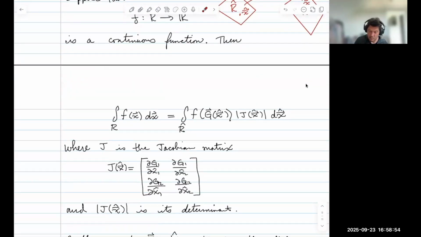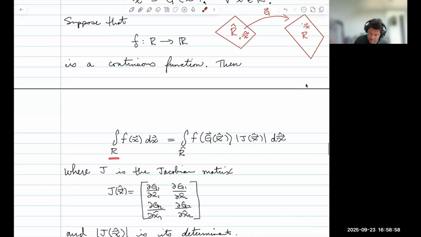Then, if I want to integrate f over this region R in its native variable x, that's equal to an integral over the region R hat of f composed with the mapping G times the determinant of something called the Jacobian matrix.